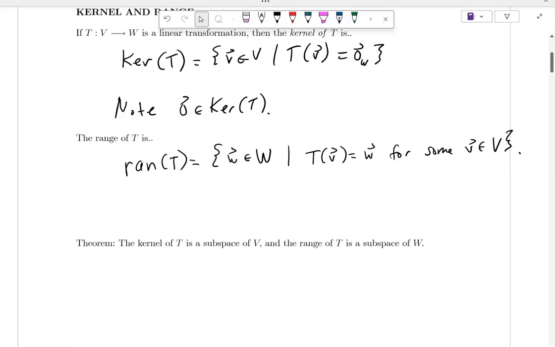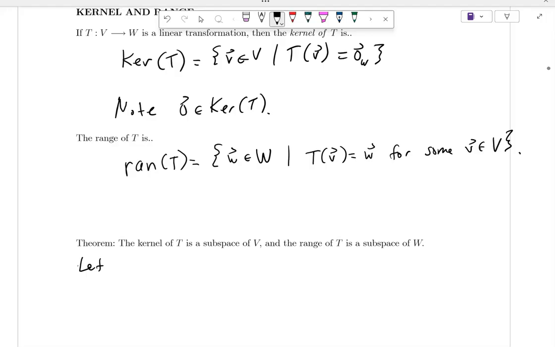Let's do the first one. What do we need to do? There's a couple of steps that we need to do to show that something is a subspace. What are they? Closed under addition, closed under scalar multiplication.